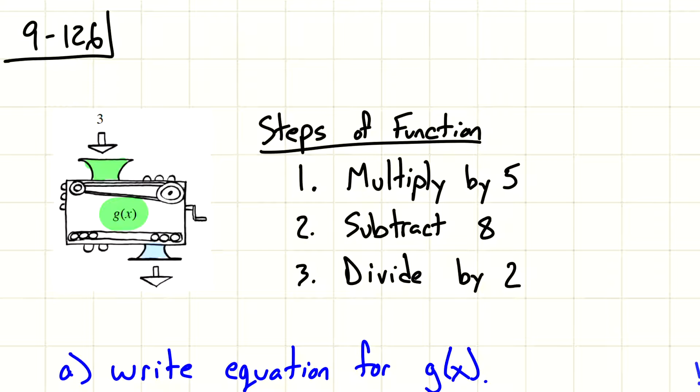That's the notation, g of x, and we do not know what the output is, so we're going to look at calculating that. But we do know all the steps that machine is supposed to follow. According to this list of steps, it's going to take that number, multiply it by 5, subtract 8, and then divide by 2.